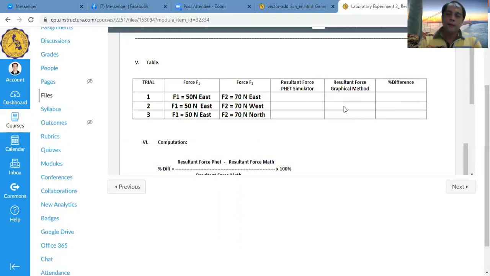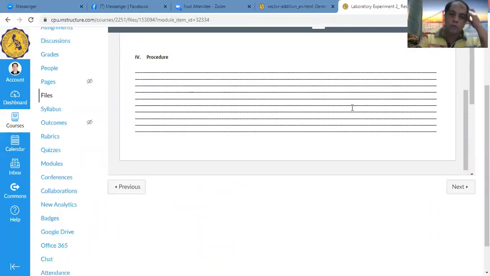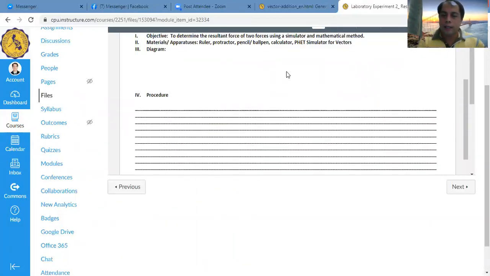Now, the values that we've been drawing, where we measure the resultant by using the ruler and protractor, will be compared with our PhET simulator. So after you've done drawing all these three in one paper, the answer that you get there, you're going to get a picture of that and then post one of that over at the diagram.